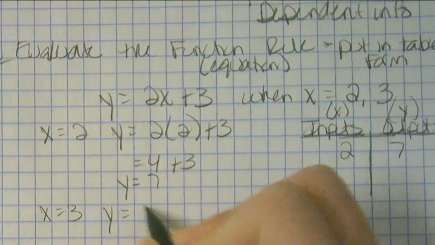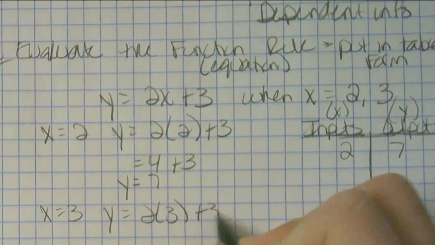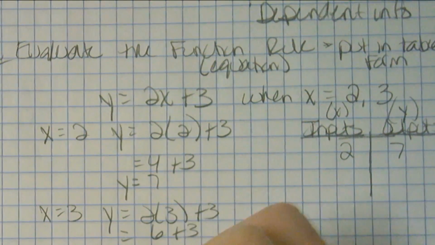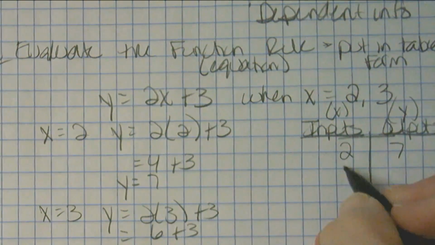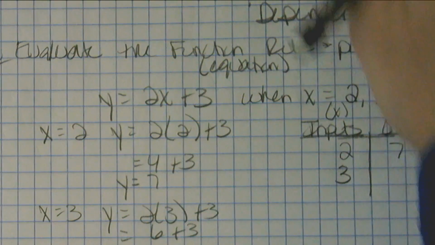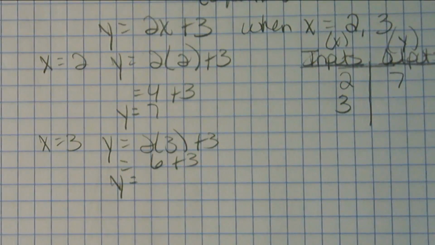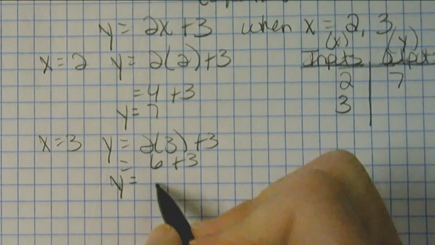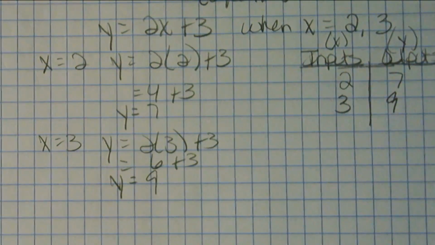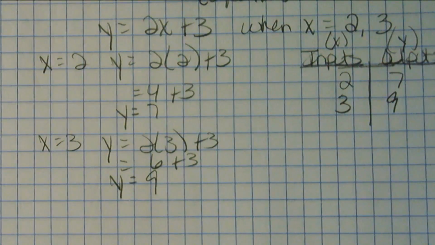Let's do the second one. So when I put 3 in for my input, what do I get for my output? Kaylee? 9. You guys cool with this? Yes? Okay.